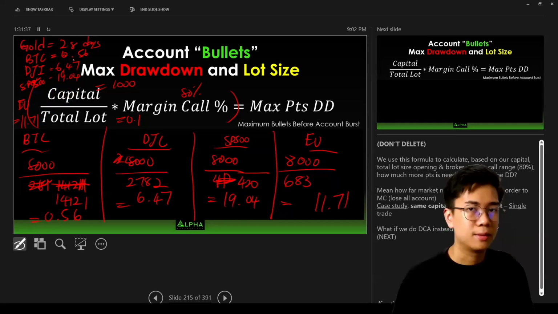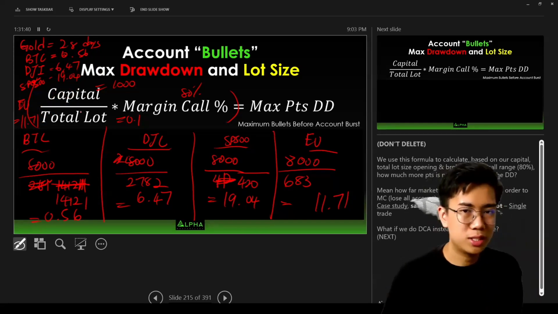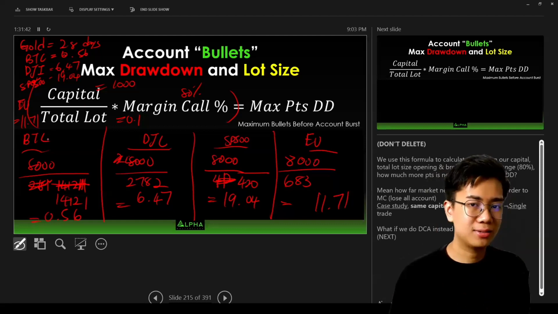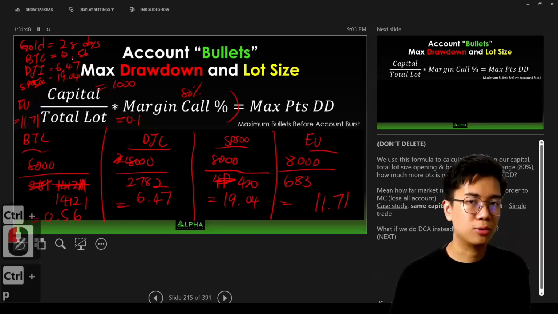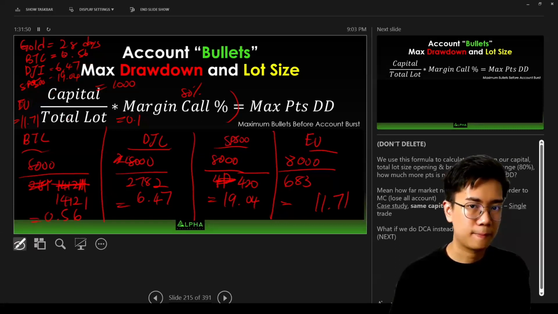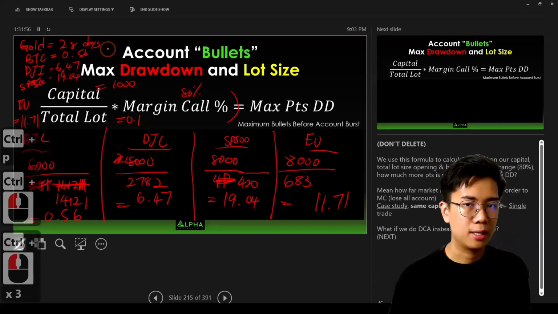Now, based on these statistics, which of the markets has the highest risk? Type in the chat box. Which of the markets is the easiest to margin call? Yes, correct. Bitcoin, highest risk.